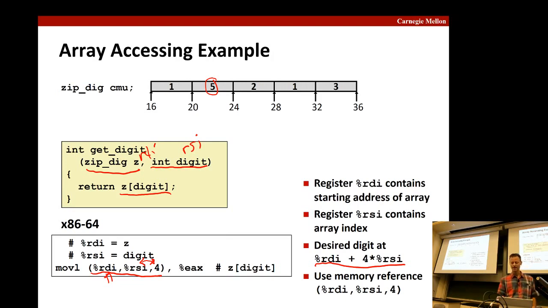That is indeed the start plus a multiple of 4 times however many the digit ends up being. You move that into EAX, which again is the low-order half of the return register RAX, and that's how you get the answer. The nice thing is this entire procedure was just the one instruction. Okay, any questions on that?